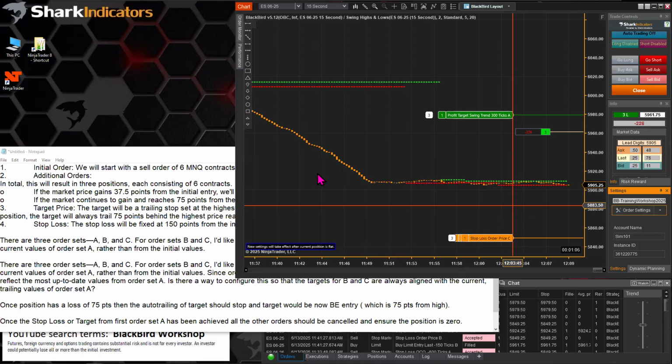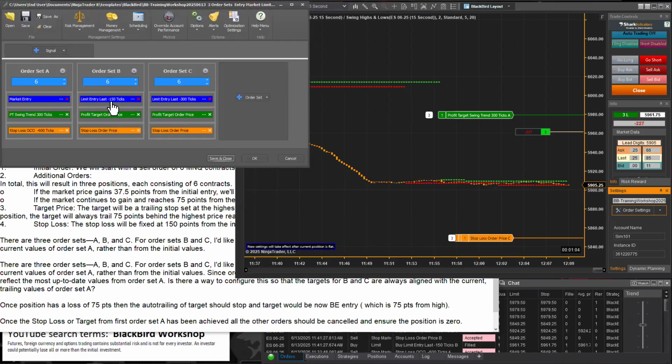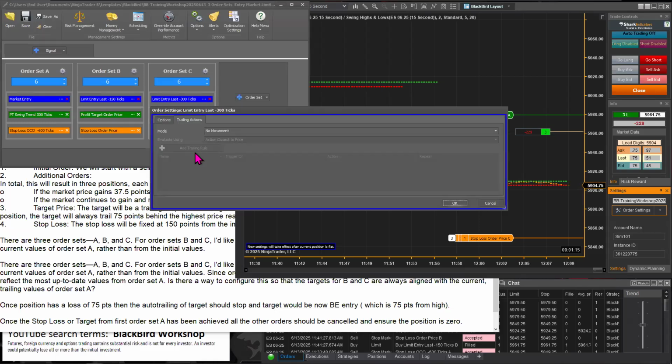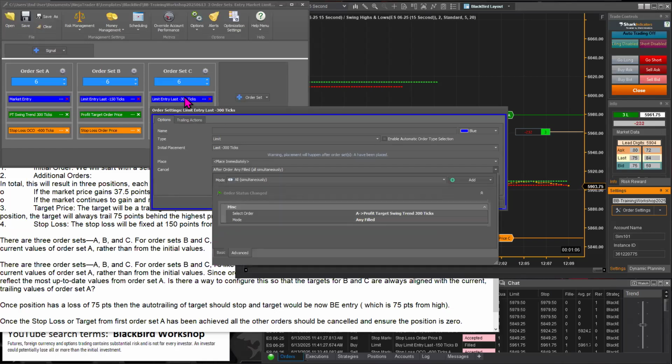Every system that has scale-in orders for cost averaging, you always want to make sure that you set up the cancel option here to cancel these unused entry orders when that first profit target gets hit.